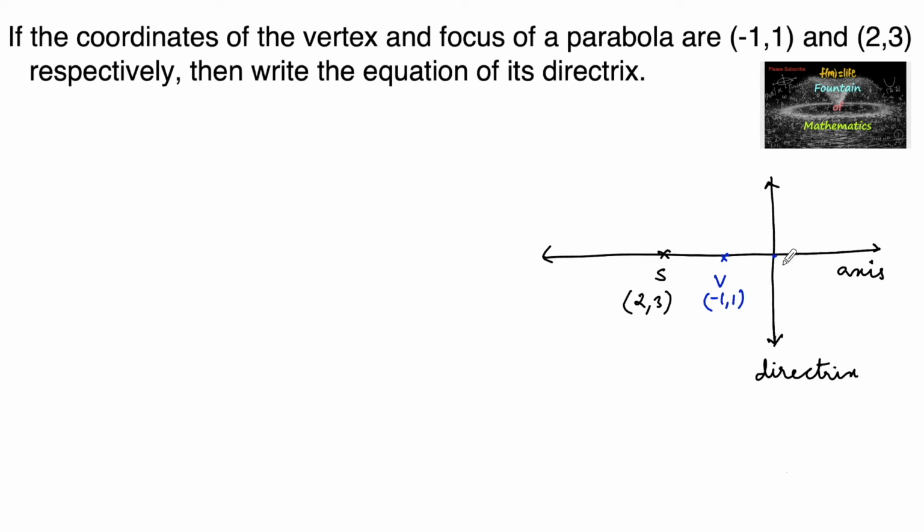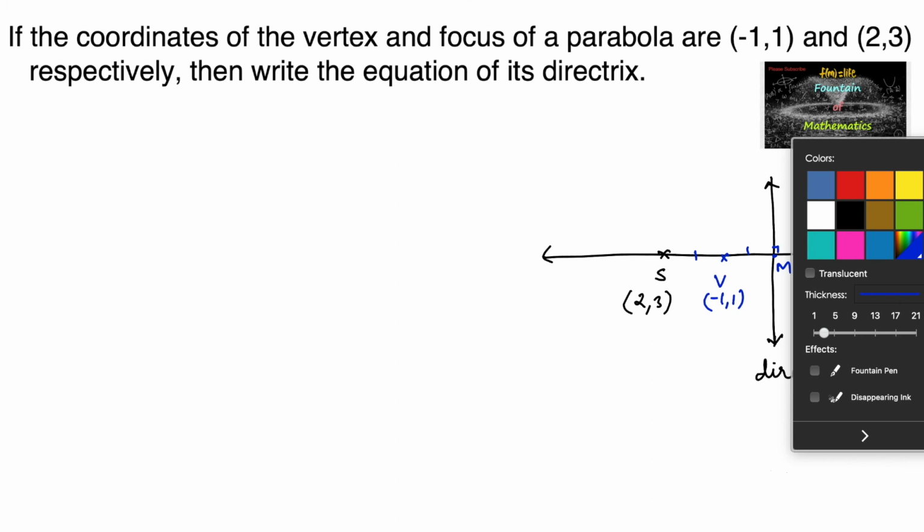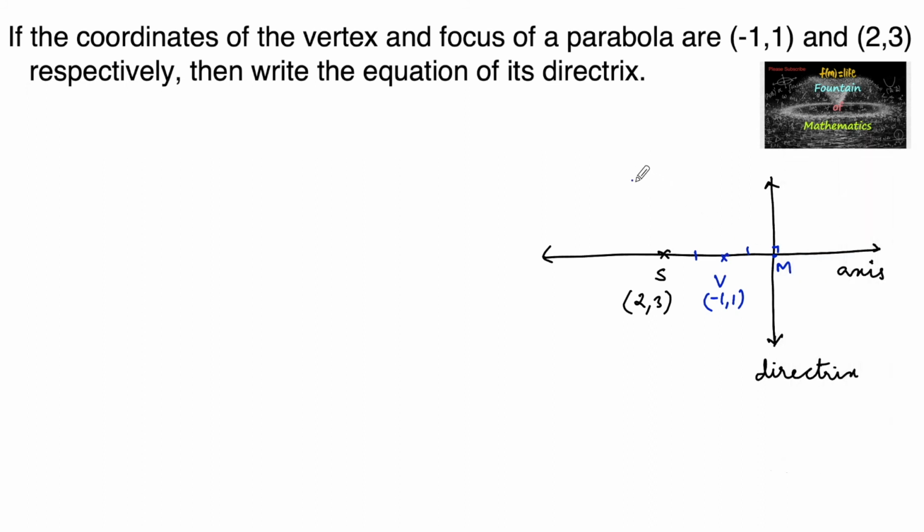So let us consider the point of intersection of the axis and directrix. The axis is perpendicular to the directrix at the point M such that, as per the definition of a conic, V will be the midpoint of S and M. This is how the parabola, the locus of the moving point, will be.